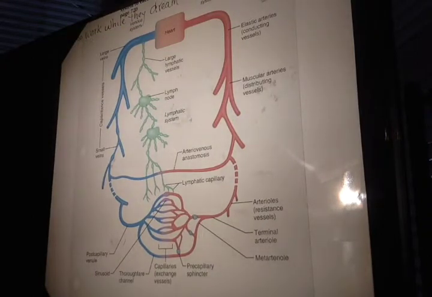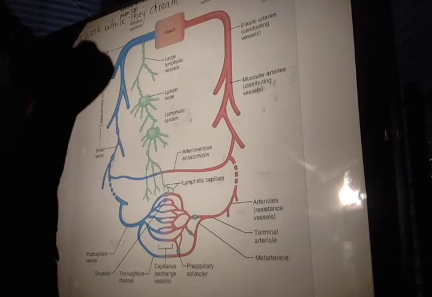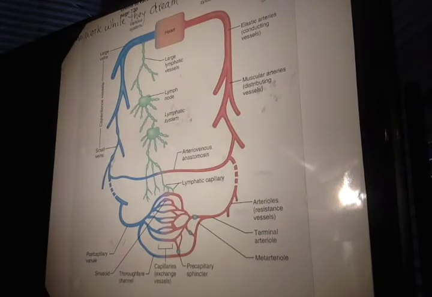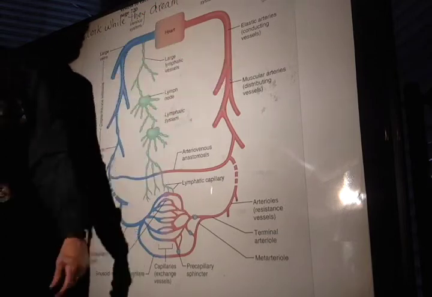These large arteries are very elastic. You shove blood into them and they expand, and then when you stop shoving blood into them, they contract. So these are sometimes called elastic arteries.